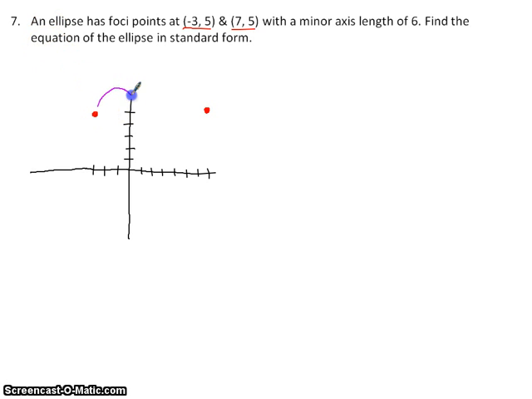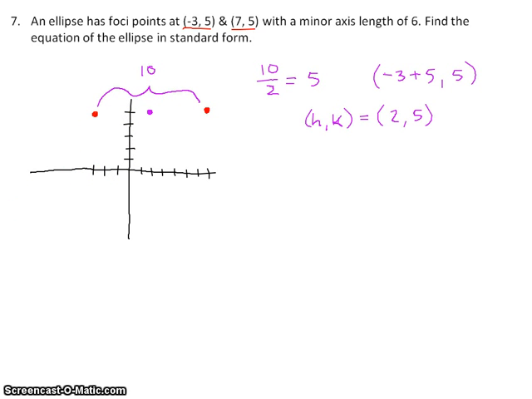We look at the distance from one end to the other, and that's a distance of 10, and halfway is going to tell us the center of our hyperbola. Okay, I said hyperbola again. Ellipse.